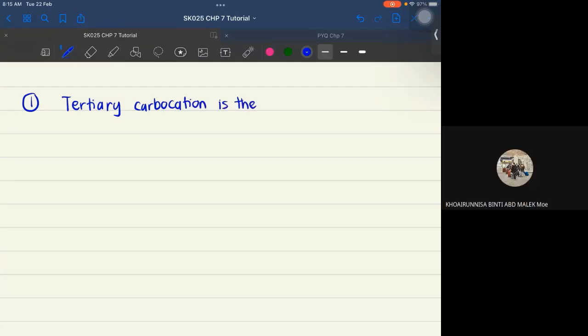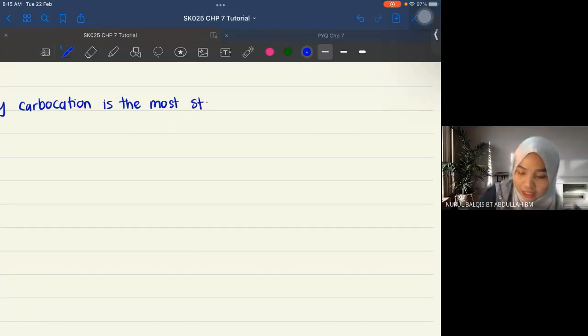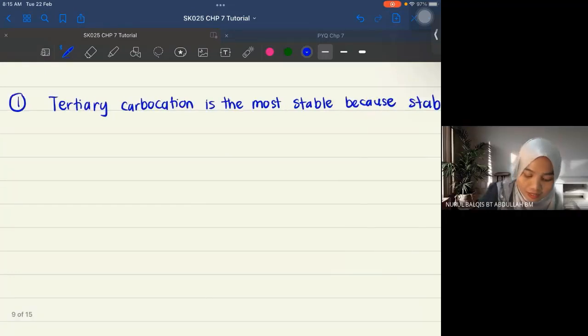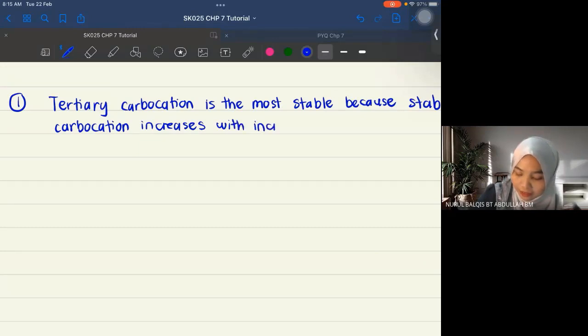Kenapa more dia? Alkyl group attached to carbon. Yes, it's the most stable. Kita boleh cakap because stability of siapa yang kita tengah cakap sekarang? Stability of carbocation increases with increasing number of siapa?